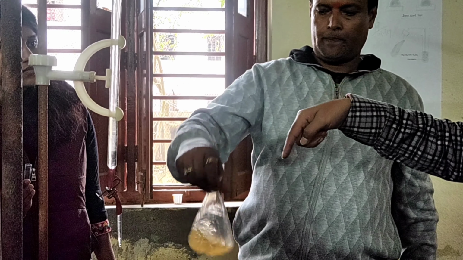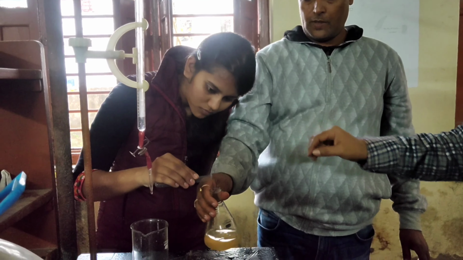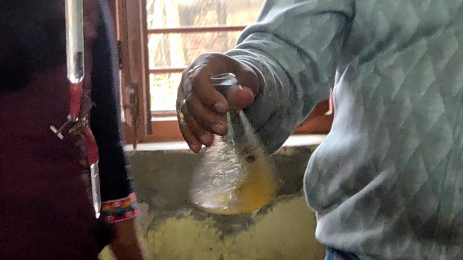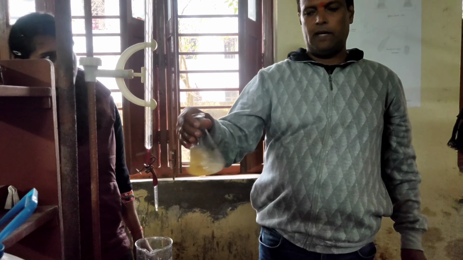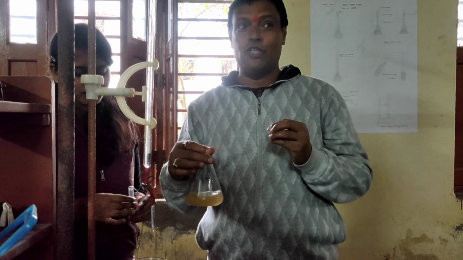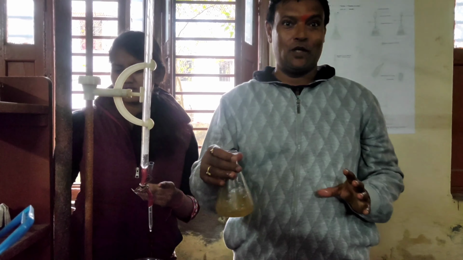One drop of phenolphthalein, no color. Just check whether the reaction has completed or not. Now the whole reaction is 100% completed, and this experiment takes near about 6 to 7 hours to complete the whole reaction.